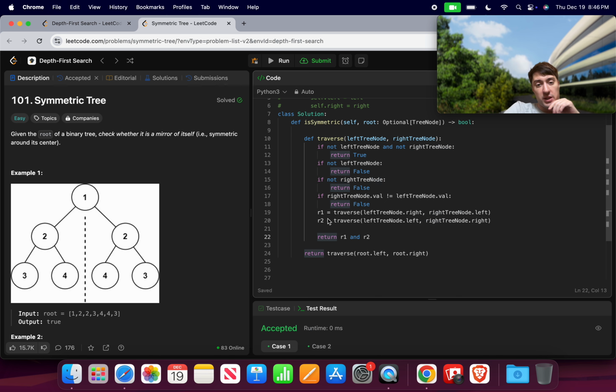Once I get back, this value represents whether this pathway and this pathway were symmetric, and this result means whether this pathway and this pathway were symmetric. If either one was not symmetric, I just return false. If both of them are symmetric, then I return back up a true, that yes, it is symmetric.